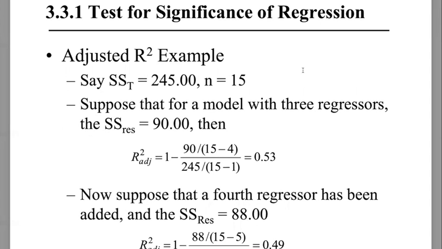And so here they're giving a numerical example. Suppose that the total sum of squares is 245. There are 15 observations. And suppose that the sum of squares error with 3 explanatory variables is 90. Then using the formula for the adjusted R squared, your adjusted R squared would be 0.53.